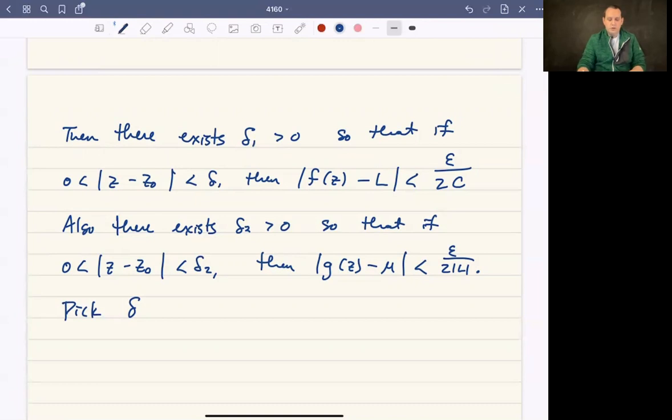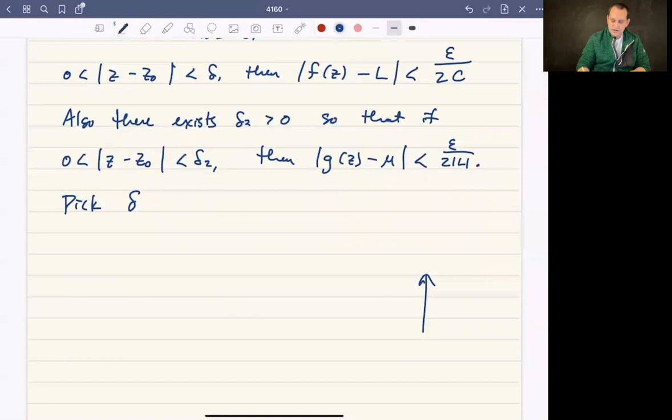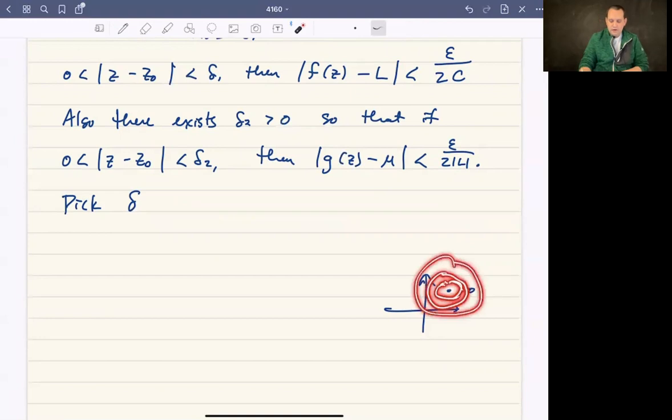Here's some point z naught. Around some neighborhood, g is bounded. Around another neighborhood, f approaches L, and around another, g approaches M. So just pick the smallest neighborhood so that all of those things happen at the same time.